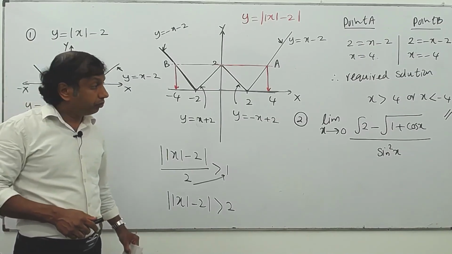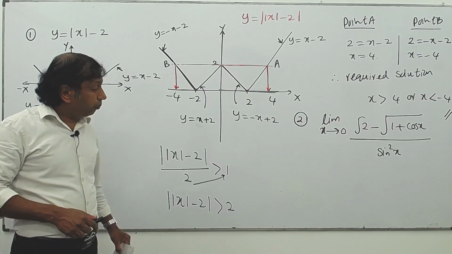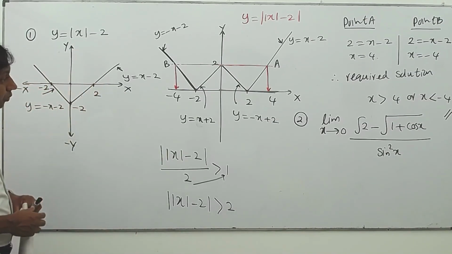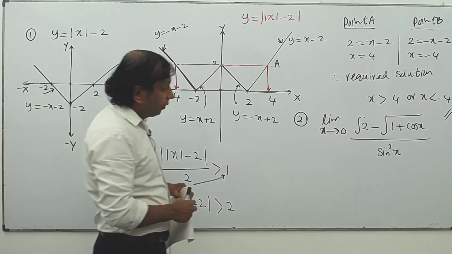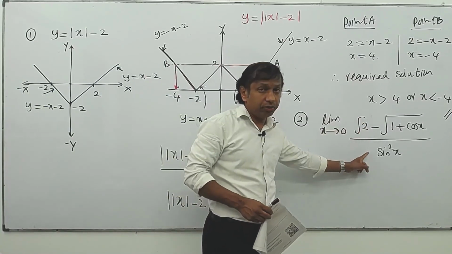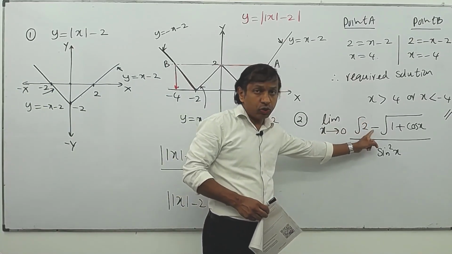Right, no? Okay, now we can multiply numerator and denominator both by the conjugate of this numerator.